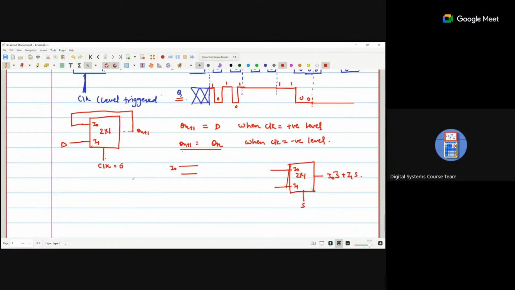One is I0 with S connected through a NOT gate, that is ANDing. I1 with S connected with an AND gate, ANDing, and again ORing.